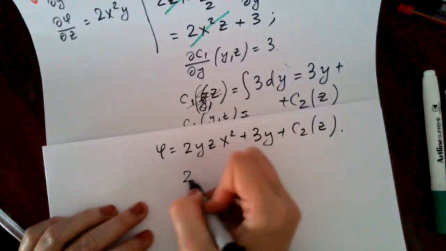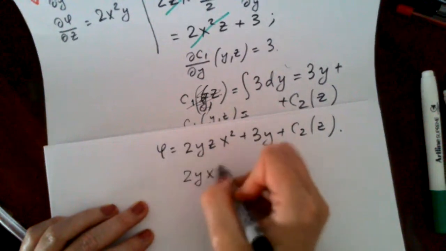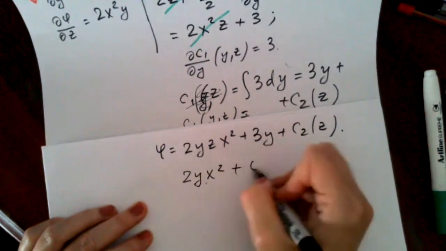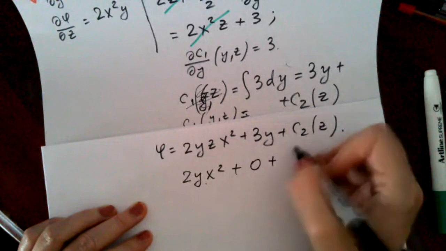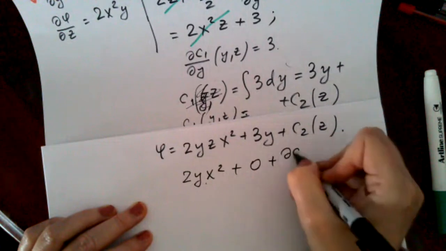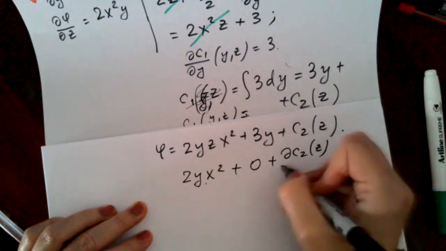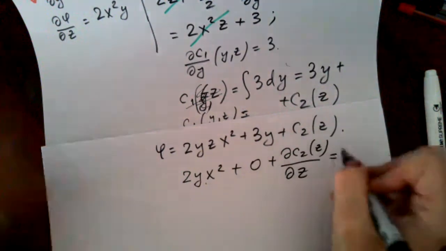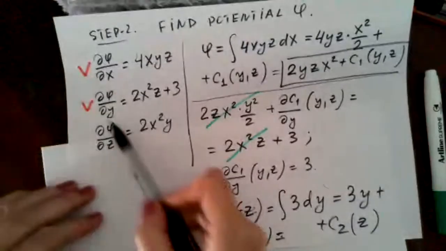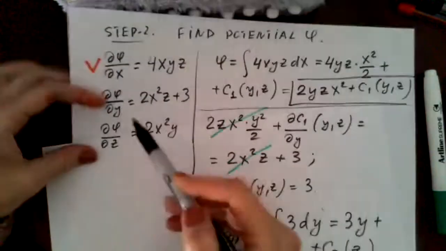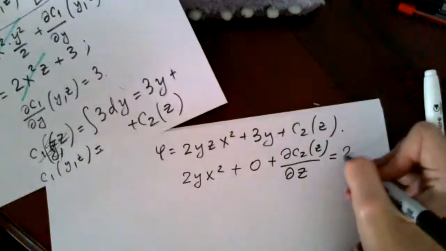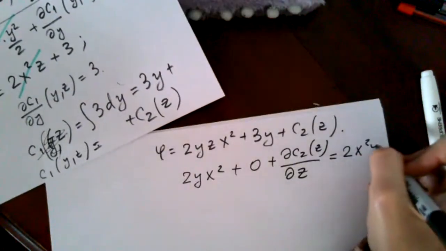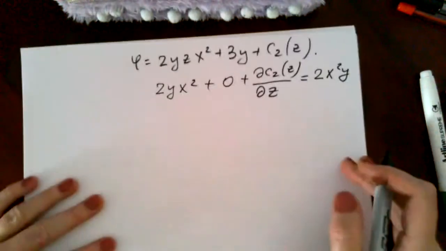It will be 2y x squared from the first term. From here we'll get 0, and from here we have dc2 over dz. Okay, so I calculated the left-hand side of this expression, and I need to set it equal to the right-hand side, 2x squared y. And again, this is a very nice equation.